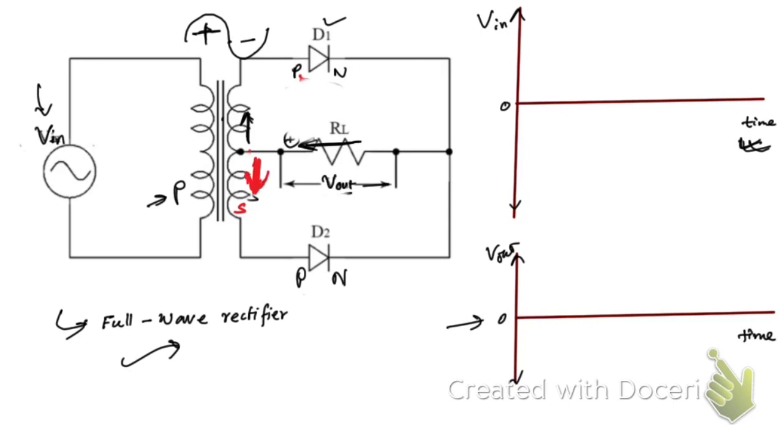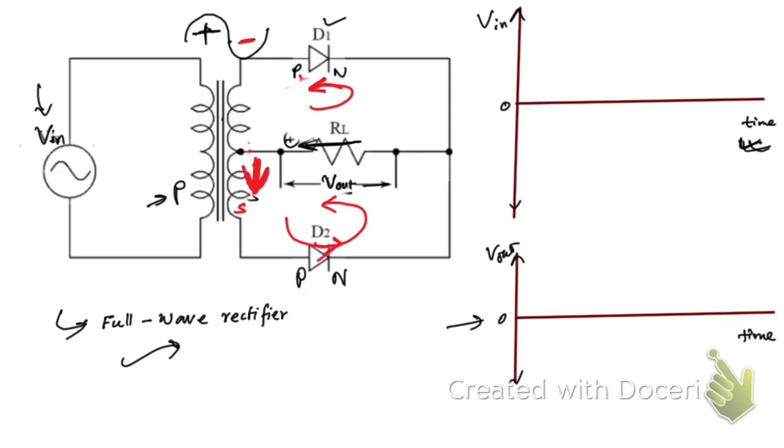For the negative half cycle, the direction of current in the upper loop will be in this way, so the upper diode D1, the upper PN junction, is now in reverse bias, and the direction of current in the lower loop will be in this direction, so the lower diode is in forward bias.